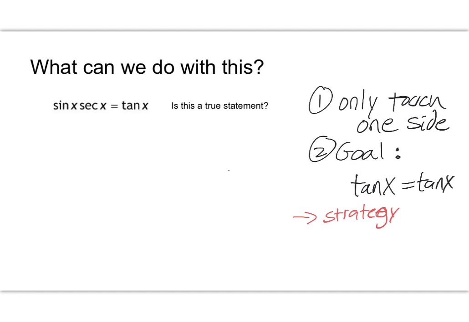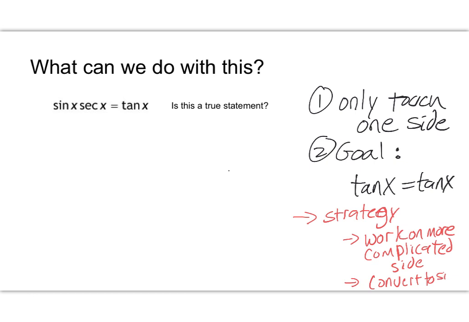So we're going to have two pieces to this. The first is to work on the most complicated side. It's easier for us to go from more complicated to less complicated. Oftentimes, we'll see this on the left side. And the second is we have lots of ways to convert to sine and cosine. So if we can do that, we can come up with some effective ways to get this into another form.